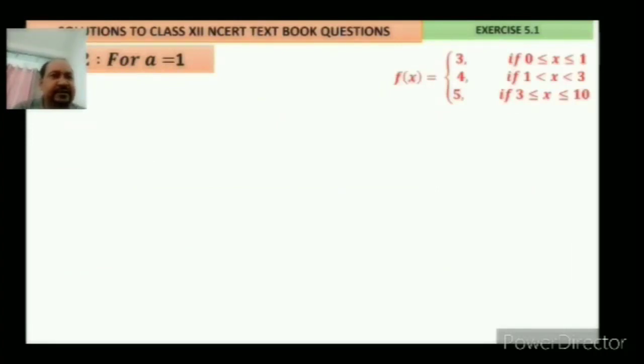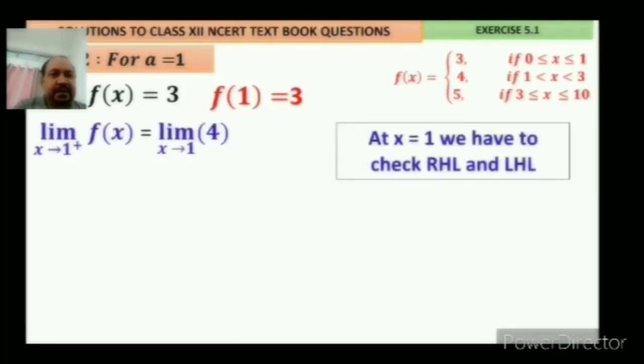For a equals 1, the function f of x equals 3, the value of the function f of 1 equals 3. Now you have to check at x equals 1 the RHL and LHL.